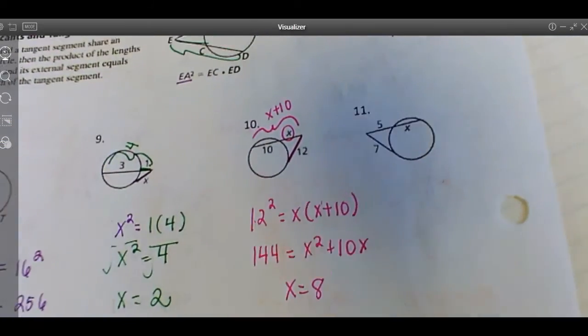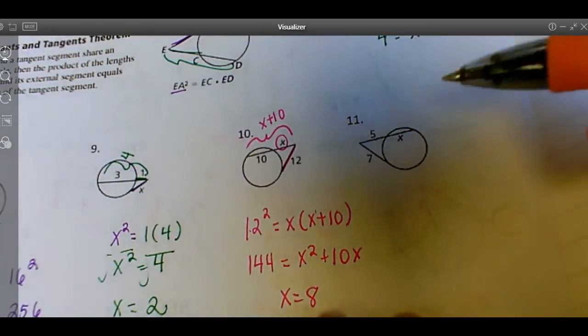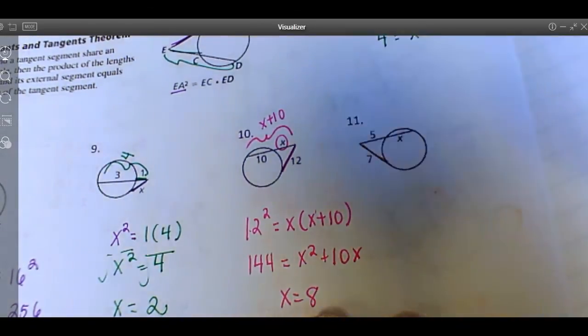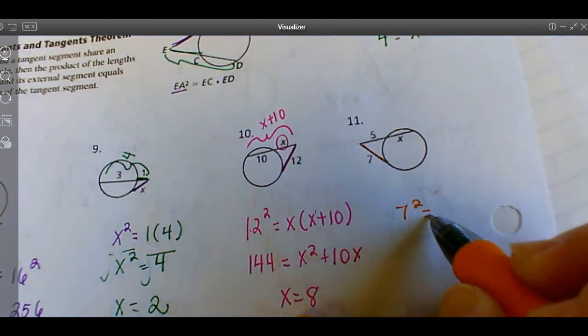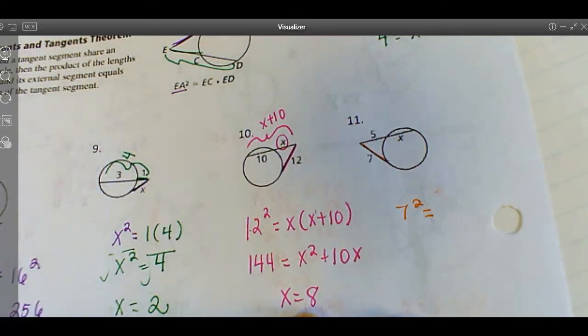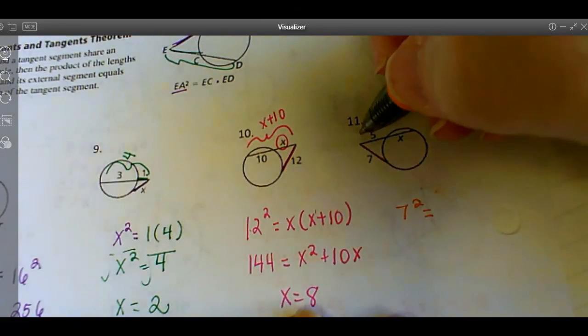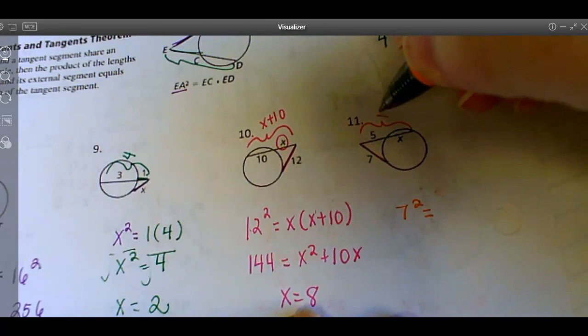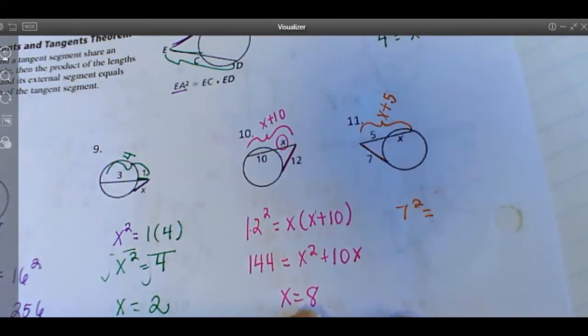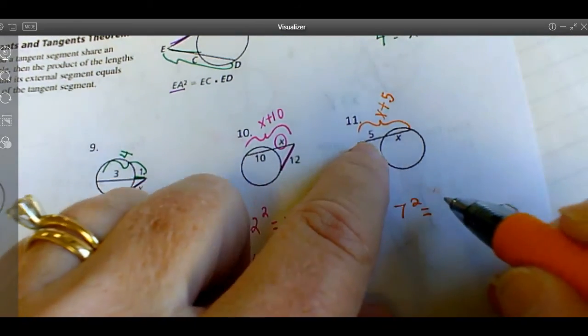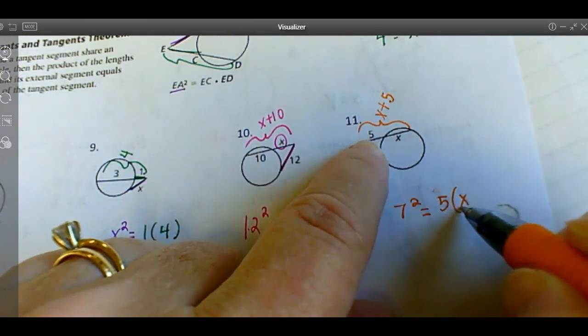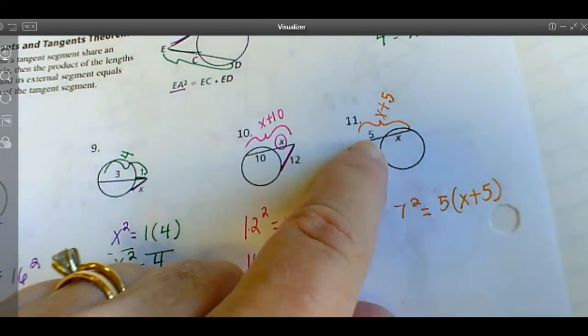All right, last one. The part on the tangent, you square it, so 7 squared. All right, the whole side is x plus 5. So it's going to be the part outside times the whole side. This one comes out really nicely.